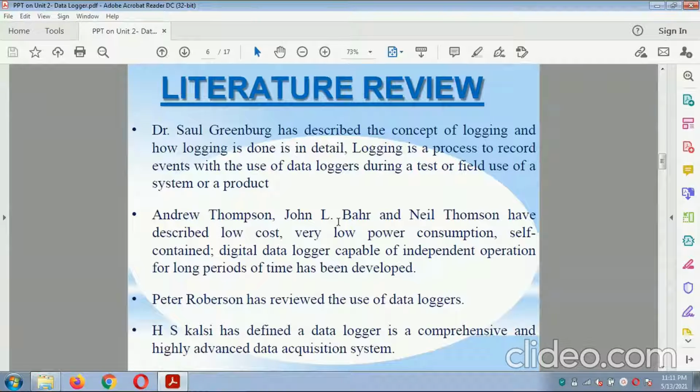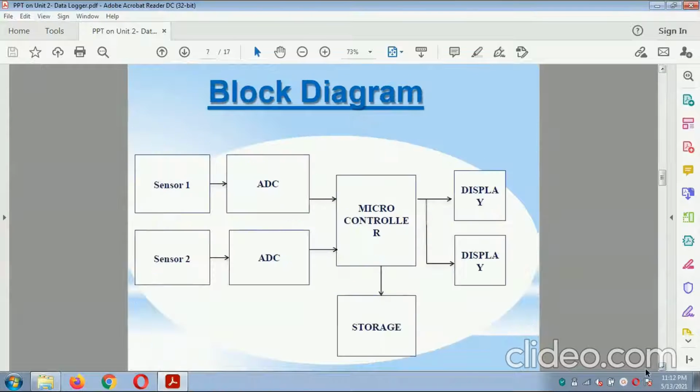Andrew Thomas and John L. Brake have described a low-cost, low-power-consumption, self-contained digital data logger capable of independent operation for long periods of time. Peter Roston has reviewed the use of the data logger. S.K. Kalasi has defined the data logger as a comprehensive and highly advanced data acquisition system.